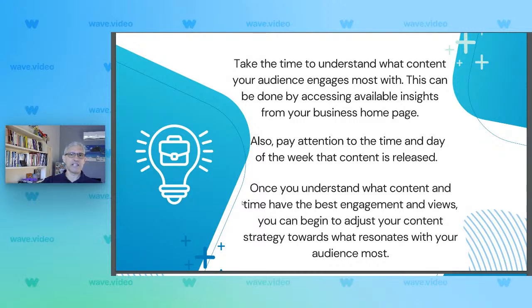So if videos are getting a lot more engagement, obviously having that information helps you when you create your next content. But also pay attention to the time and the day of the week that your content is released. So once you understand what content and time have the best engagement and the best views, you can also begin to adjust your content strategy towards what resonates with your audience most, right?